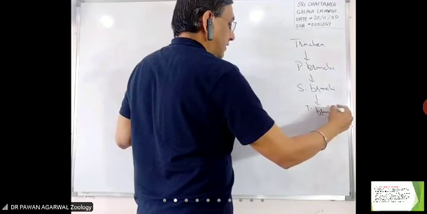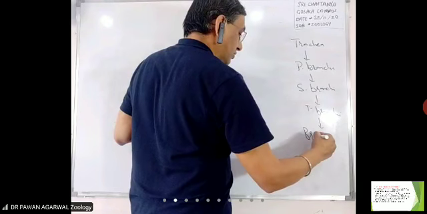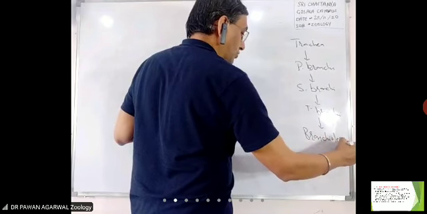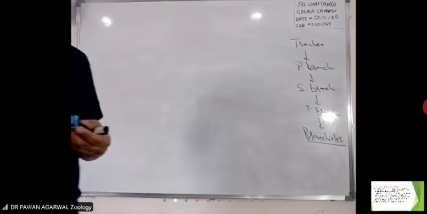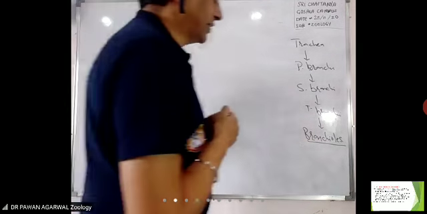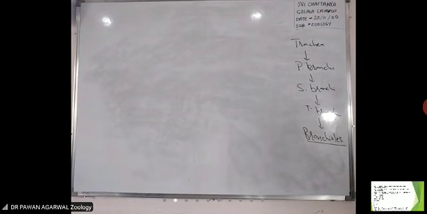Now, the tertiary bronchi, that is also known as the segmental bronchi, is divided into small branches, which are known as the bronchioles. So now the bronchi is divided into the bronchioles.